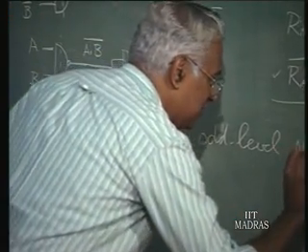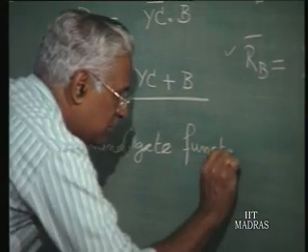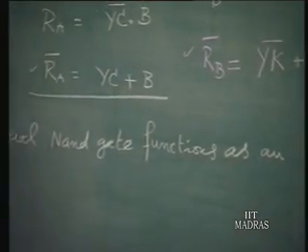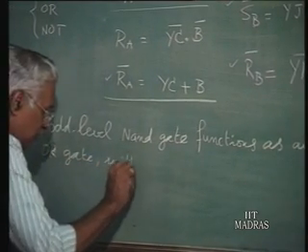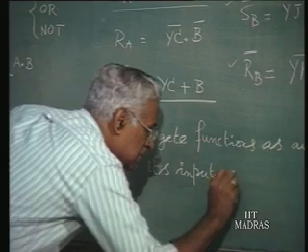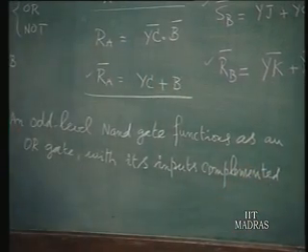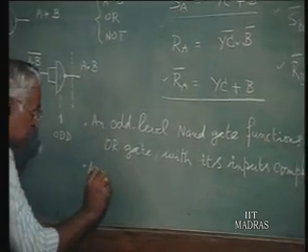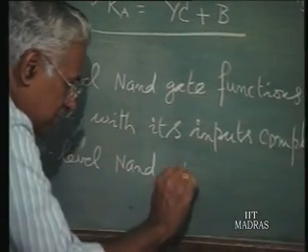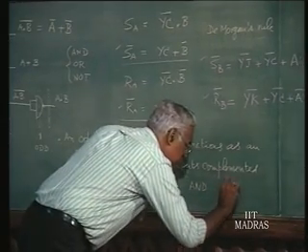So, an odd level NAND gate functions as an OR gate with its inputs complemented, and an even level NAND gate works as an AND gate and its inputs must be true.